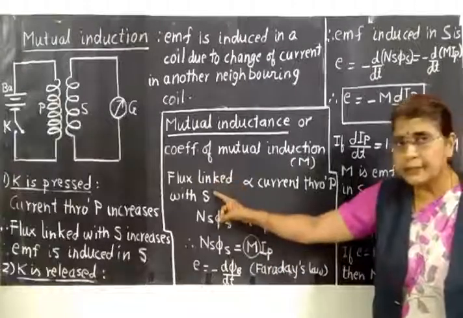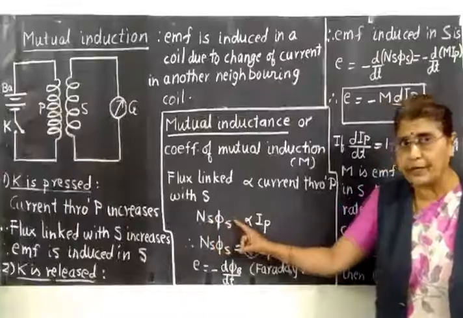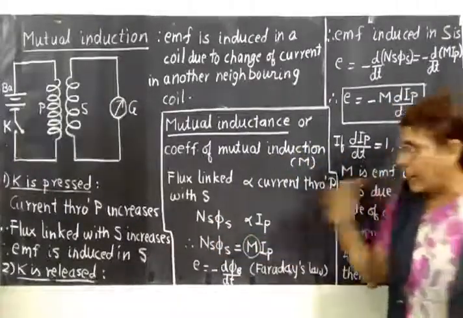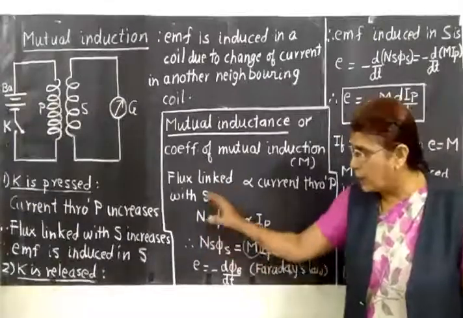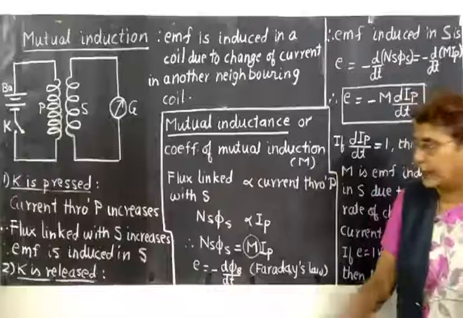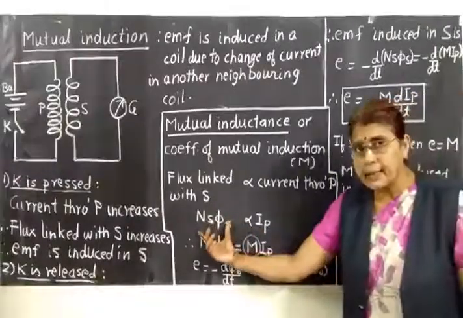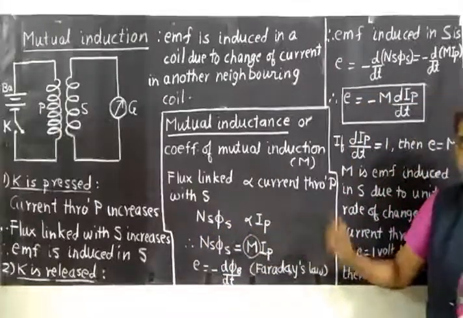And the flux linked with the secondary coil for ns number of turns is ns into phi s. Phi s is the flux linked with one turn of secondary, and total number of turns in the secondary coil is ns. So total flux linked with the secondary coil is nothing but ns into phi s. So total flux linked with the secondary coil is directly proportional to current through the primary coil.